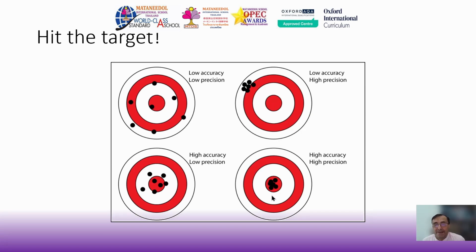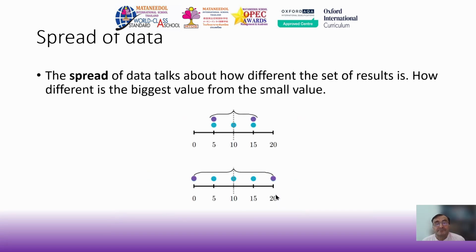And then finally, everything in the bullseye has high accuracy and high precision. Spread of data talks about how different the set of results are, how different the biggest value is from the small value. So here the spread is quite small, from 5 to 15. Here the spread is big, from 0 to 20. So again, we want as small a spread as possible.